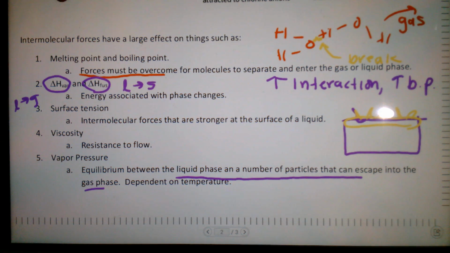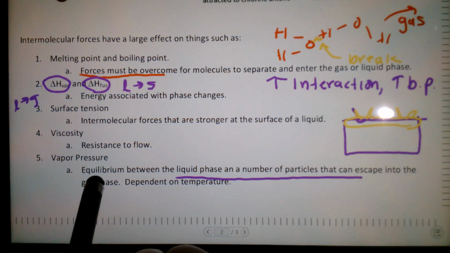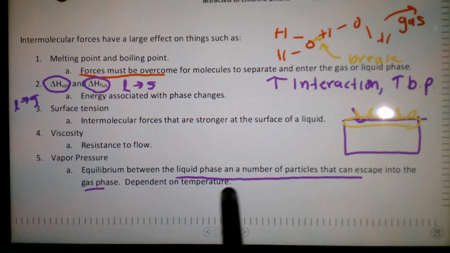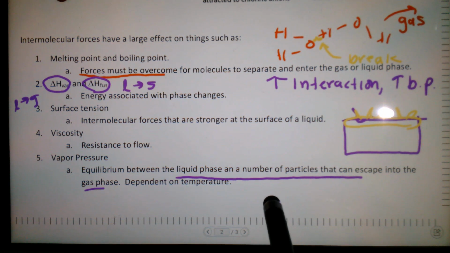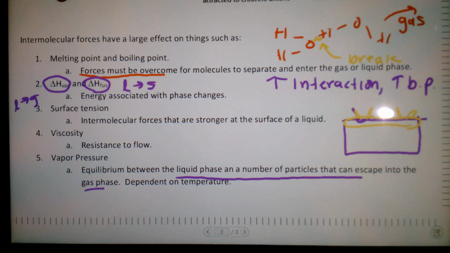We did see this in the gas chapter, where we had to look up the vapor pressure of water at different temperatures to do some Dalton's law calculations, like how much water vapor we would have mixed with our hydrogen gas. Same thing here: things are going to have a much higher vapor pressure if these interactions are lower. It's going to be easier to escape into the gas phase if your interactions are much, much lower.